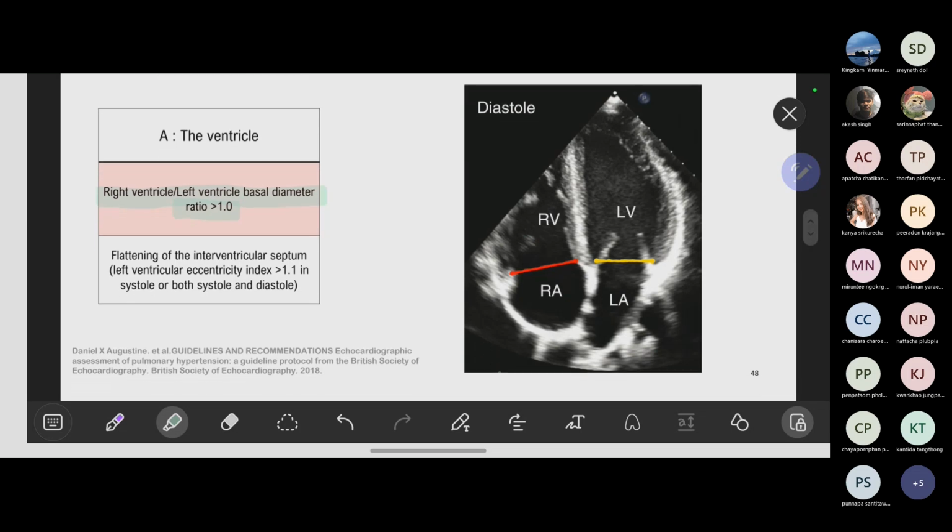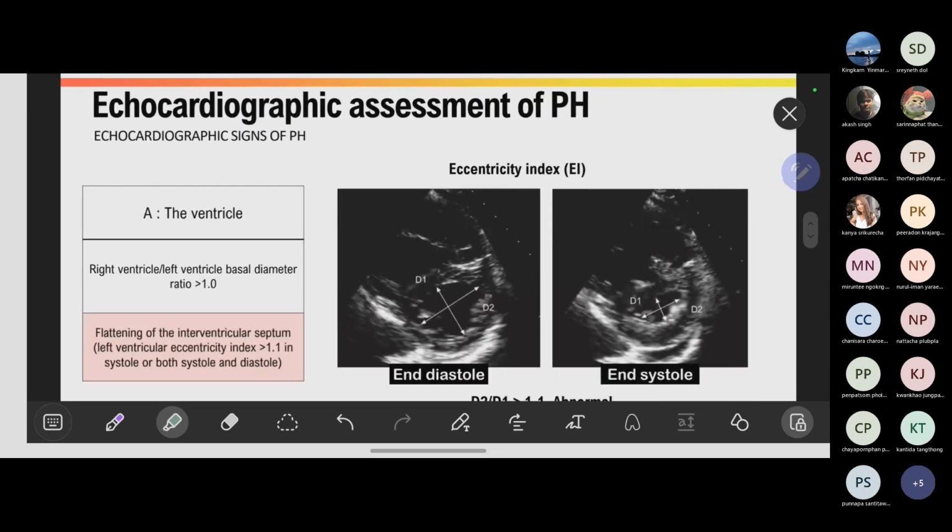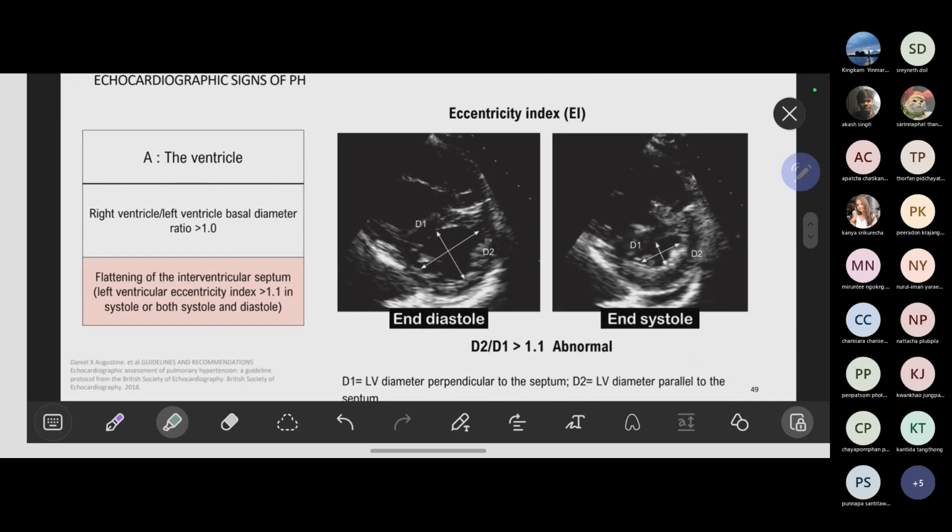Category A also includes flattening of the interventricular septum, or eccentricity index, which is measured from the parasternal short axis view at the LV papillary muscle level.